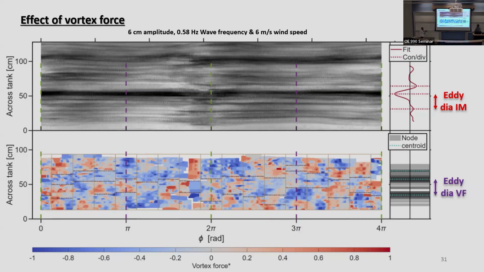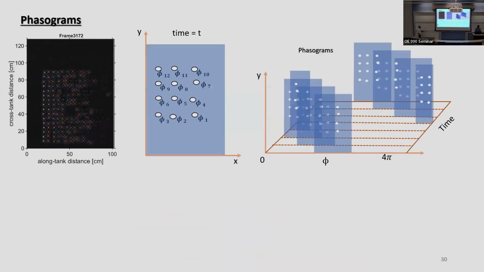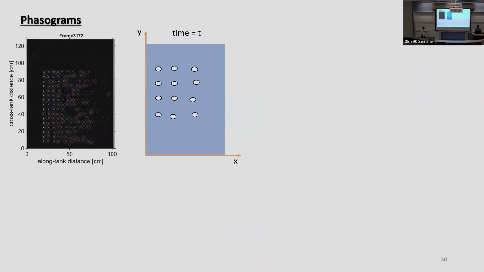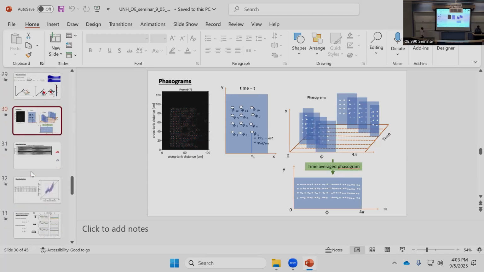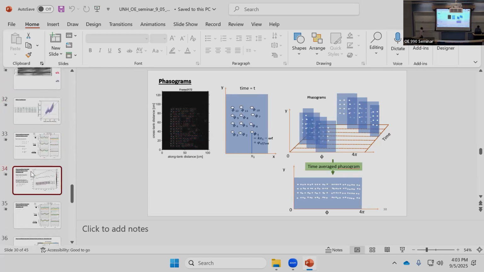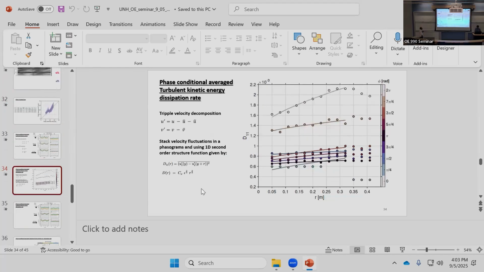But that would affect the constant, right? The TKE dissipation rate would be given by a constant times r to the power 2/3, and the C is a constant.